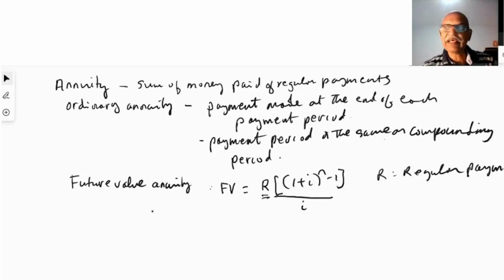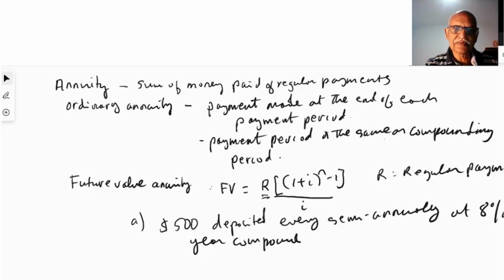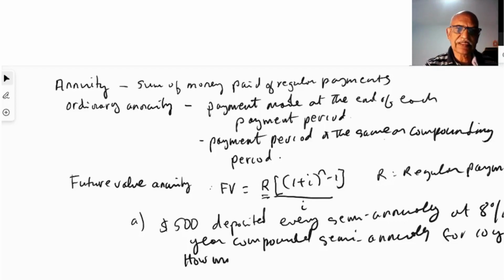For example, let's say I have $500 deposited every semi-annually at 8% per year, compounded semi-annually, for 10 years. How much money is accumulated?